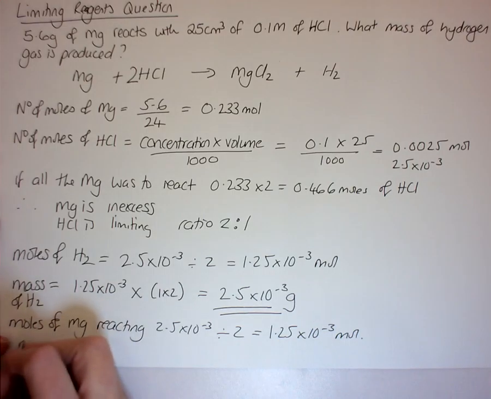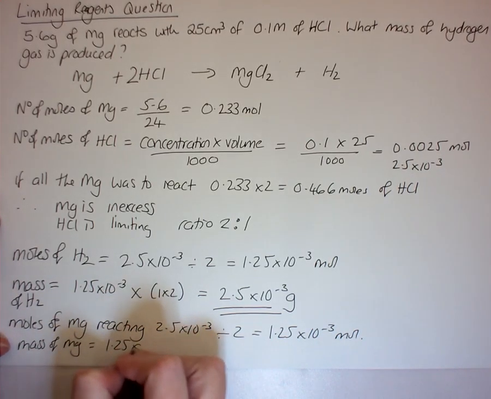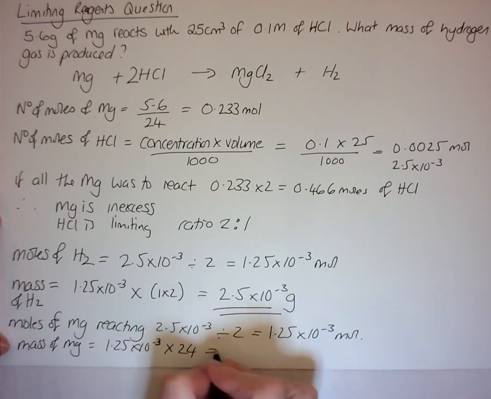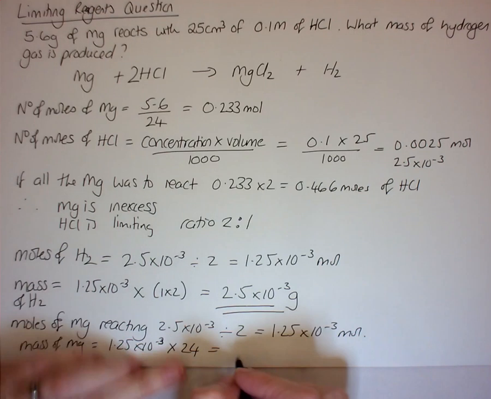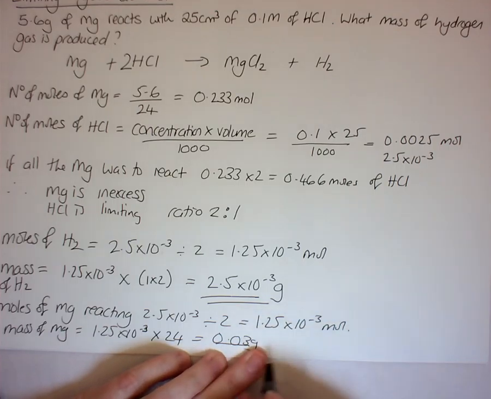Convert that into a mass of magnesium, 1.25 times 10 to the minus 3 times 24, 0.03 grams. So this is how much mass of magnesium was actually used.